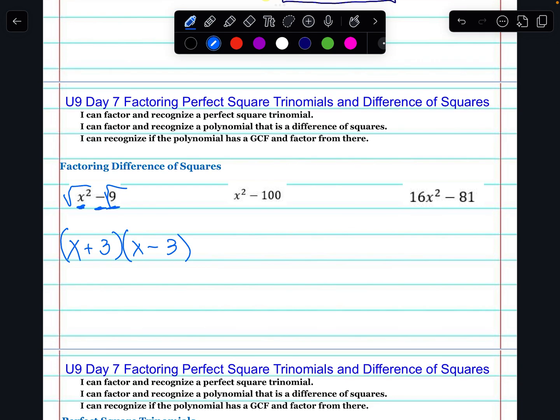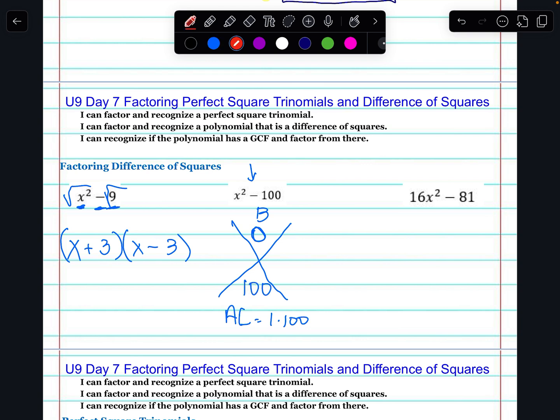You can still do the box or the x method. I'm going to do the x method on this one. And if I do the x, 0 goes on the top. That's your b, because notice, we don't have a b. We have an a and a c, which is 1 times 100. So that goes down here.